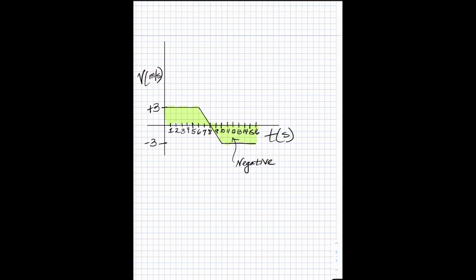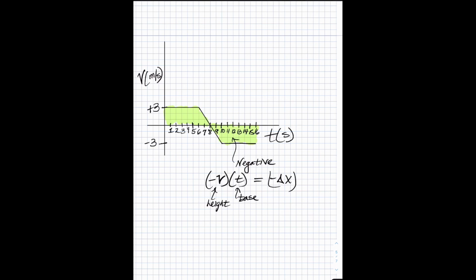Negative area, because we would have a negative velocity times our time. This is the base, and this is the height. Well, when we get that negative area, that's telling us that the object is undergoing a negative displacement. That's all that's saying.